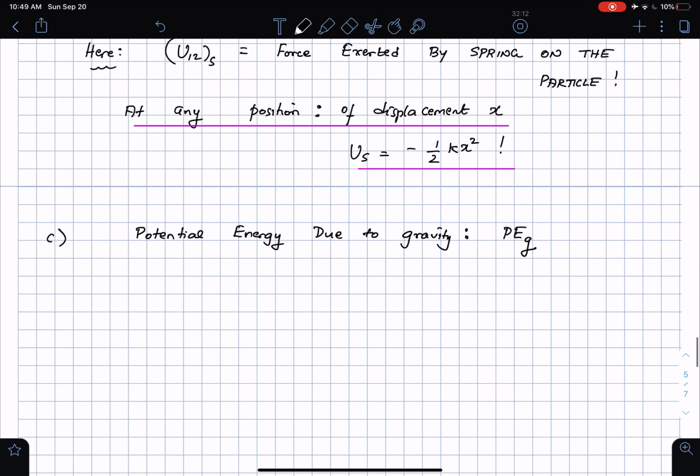Potential energy due to gravity is going to be defined as the following: potential energy due to gravity is the work done by the particle against the force of gravity.